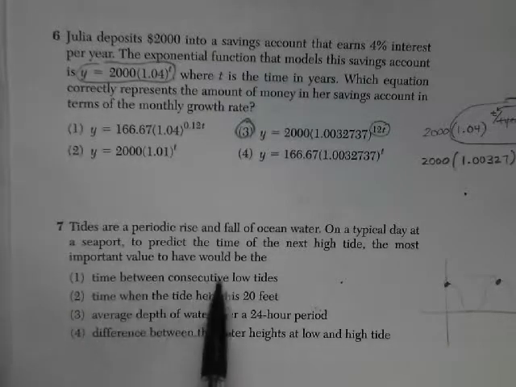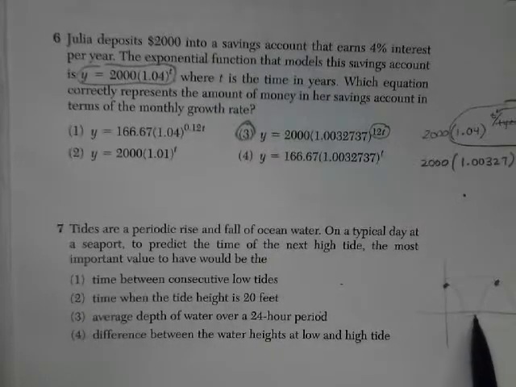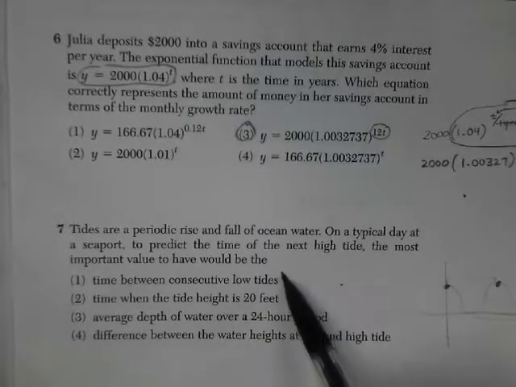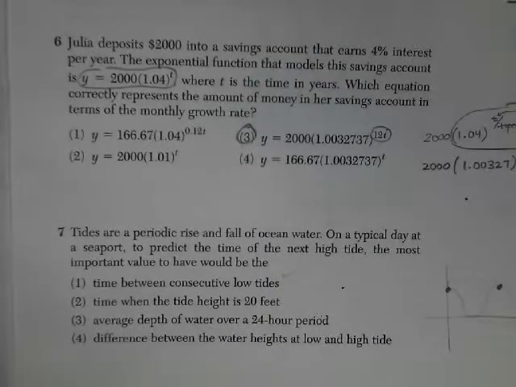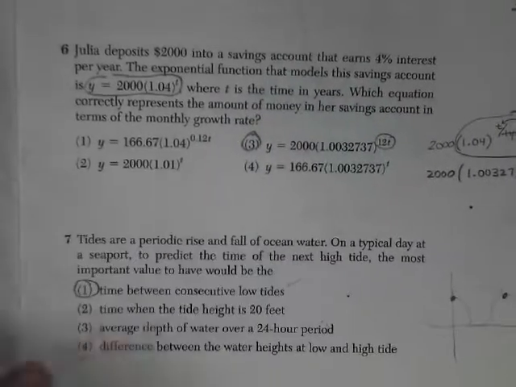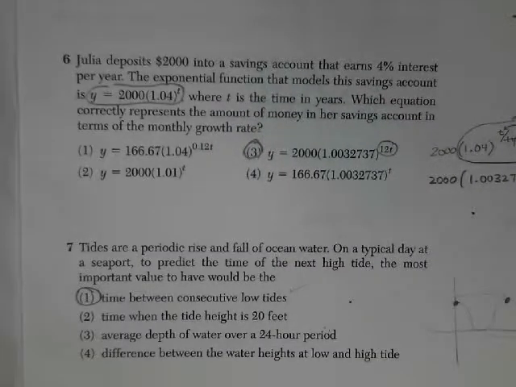And the time between consecutive low tides is the same as your period, so that would be a good thing to know. And that's essentially it. That's just giving you your period. And if you know your period, you can know when the next high tide would be.